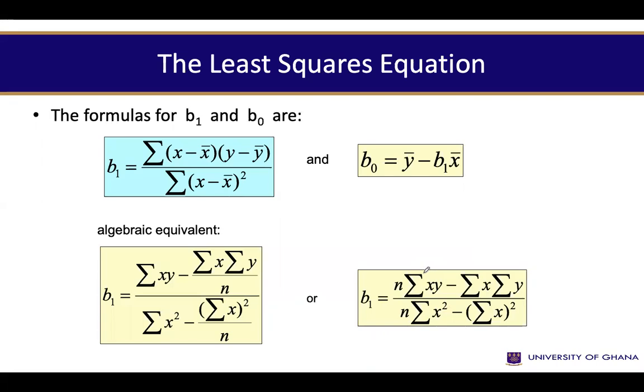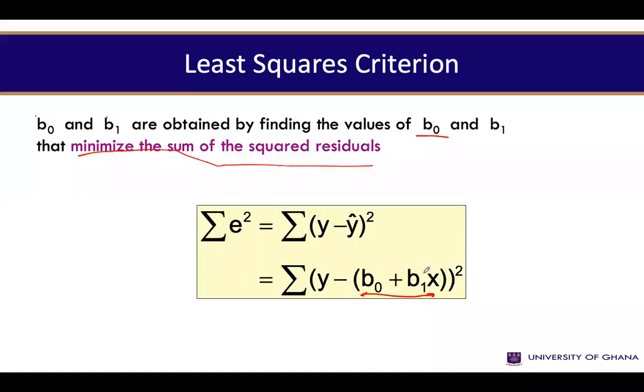There's some calculus involved in trying to obtain beta 0 and beta 1 that minimizes our error terms. We are not going to go through that calculus, but you're going to use the results that are derived out of this technique.